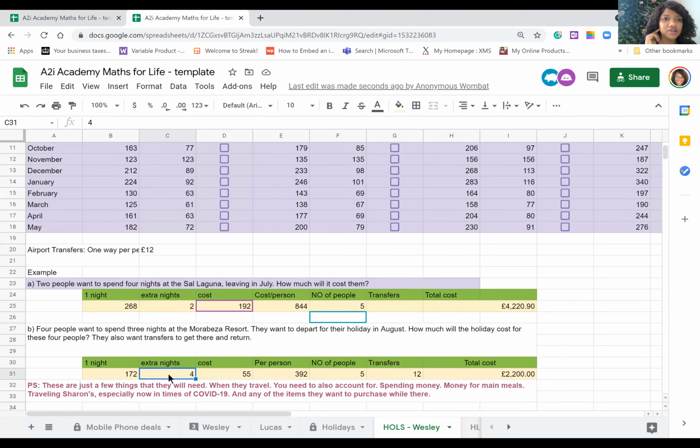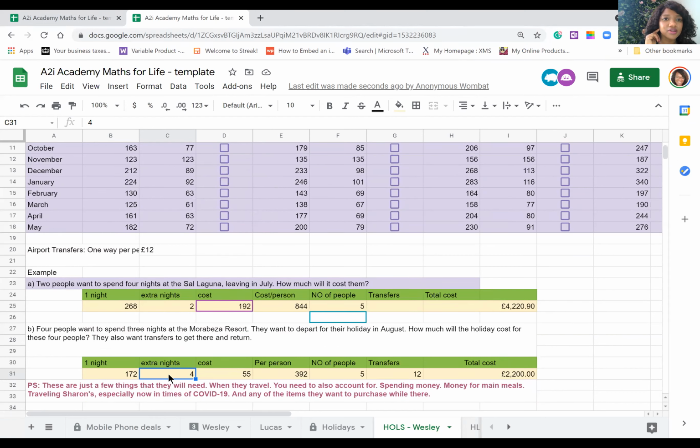Then we find out the price per person. And I'm going to do this again. So I would say it's equal to the sum, and this menu appears. Select the first one. And you say first night plus whatever value I've got here times, and you can press shift and 8.